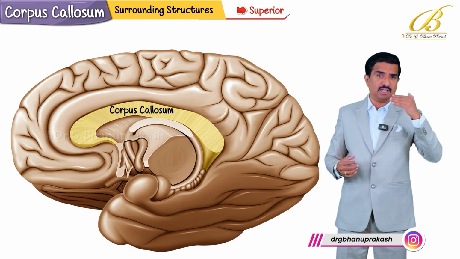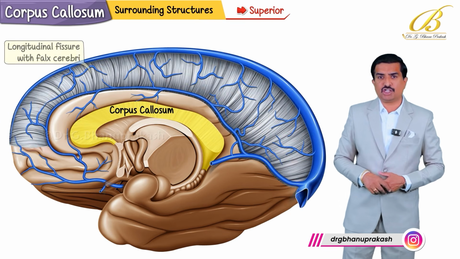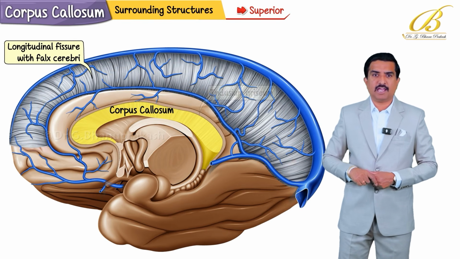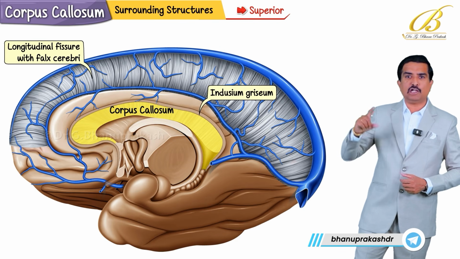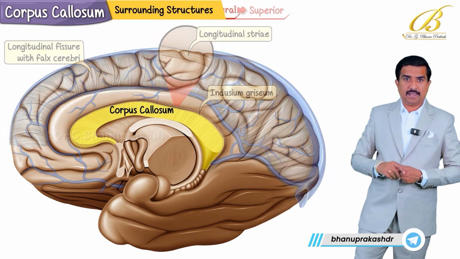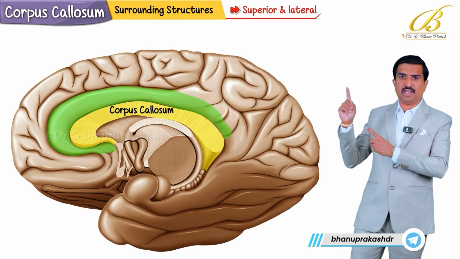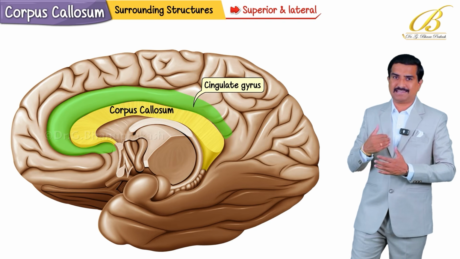Now first is the superior structure. As you can see superiorly, you can see the longitudinal fissure with the falx cerebri, and there will be the indusium griseum covering the dorsal surface and the longitudinal striae. Now superolateral, you can clearly see the cingulate gyrus separated by the callosal sulcus.